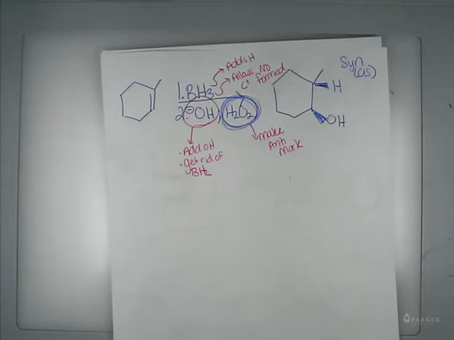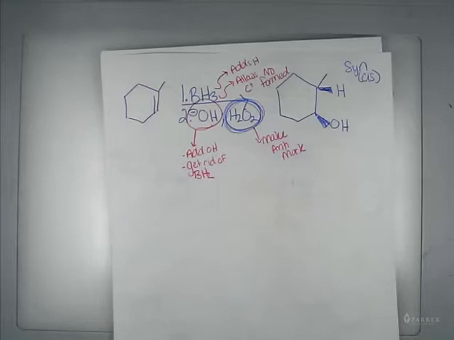H3O plus is one choice, and what's the other one? Yeah, the mercury water with the NaBH4. And then if I want to do it anti-Markovnikov, what's the only way to do it? BH3, OH, H2O2. Adding H3O plus with peroxide will not make an anti-Markovnikov. So this is the only way to do anti-Markovnikov addition of OH.